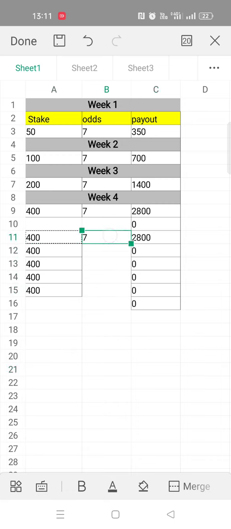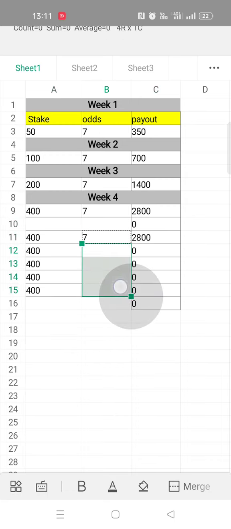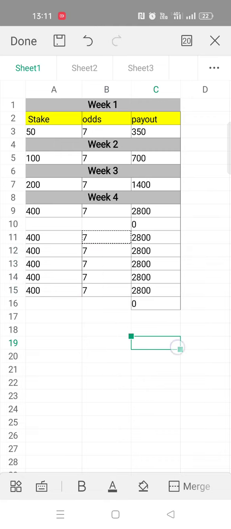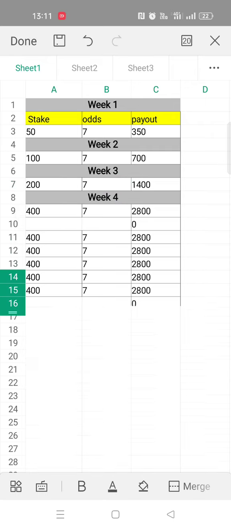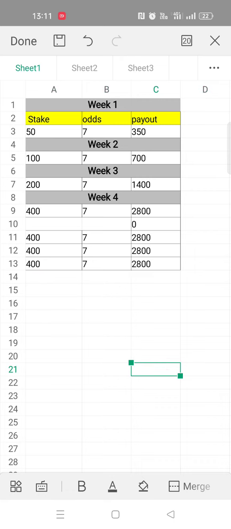Let's say you've kept your stake constant. Look at this. You could have been making how much? 1, 2, 3, 4, 5, 6, 7. So let's delete these 2. Say this is your 7 weeks for Arsenal, for Madrid, for PSG, because it has been happening for the past 7 weeks. It has been happening like this for all these teams.